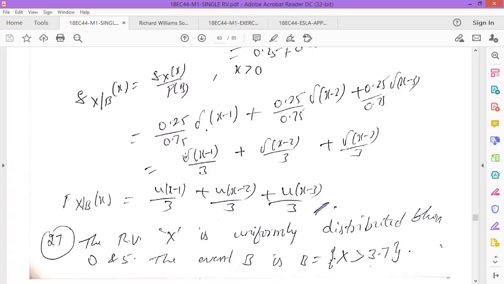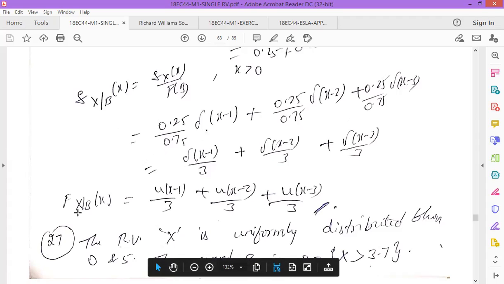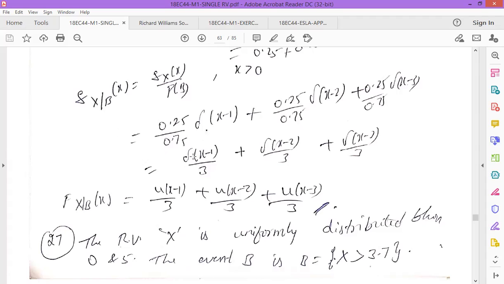And after getting the conditioned PDF, you can easily write the equation of the conditioned CDF, capital Fx by b of x. Instead of expressing this in terms of the delta, you will be expressing it in terms of the unit step function. In the equation fx by b of x, that is in the PDF, 0.25 by 0.75 is nothing but 1 by 3.